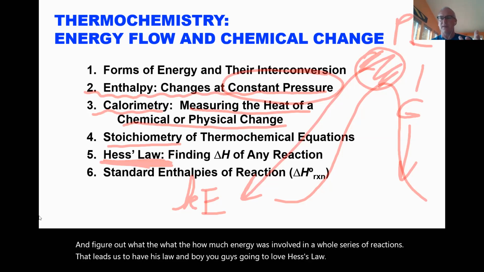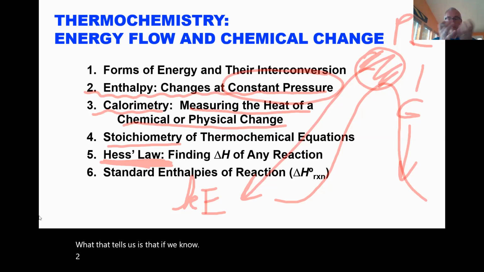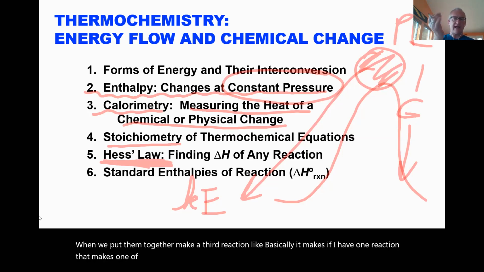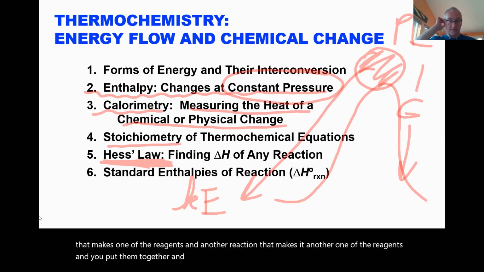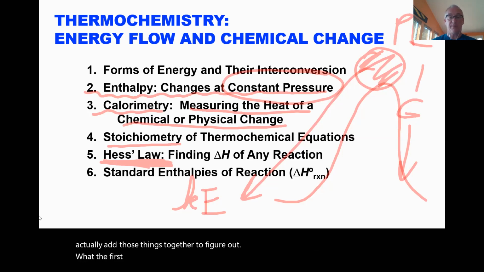What that tells us is that if we know two reactions that, when we put them together, make a third reaction, like if I have one reaction that makes one of the reagents and another reaction that makes another one of the reagents, and you put them together and they make the two products from the third reaction, we can add those things together to figure out what the first or second reaction would be.